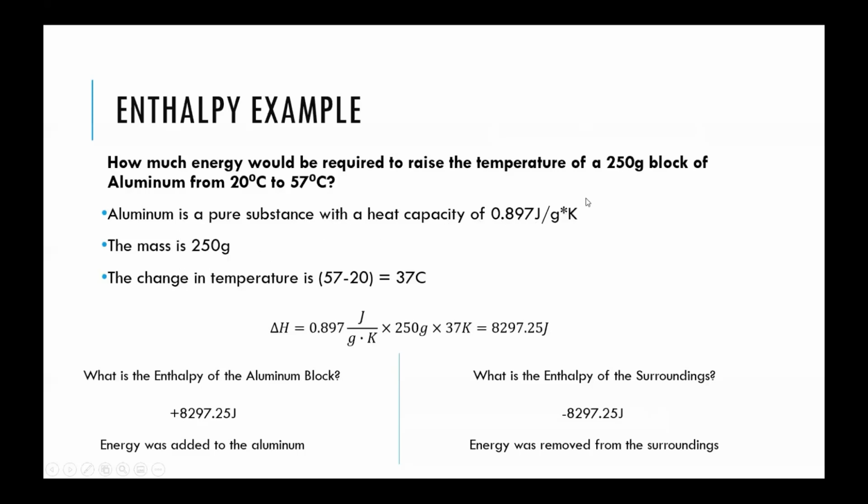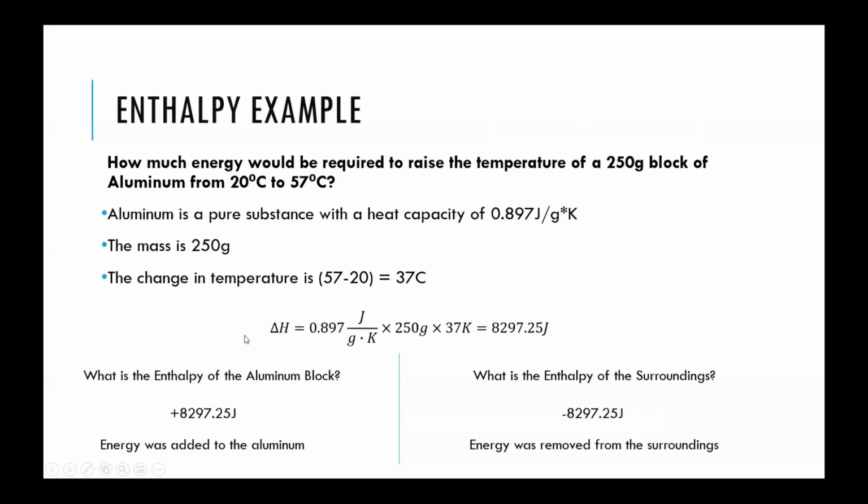The mass is given in the problem as 250 grams, and the last component is the change in temperature. You're increasing the temperature from 20 degrees Celsius to 57 degrees Celsius. That is a change in temperature, final minus initial, of 37 degrees.